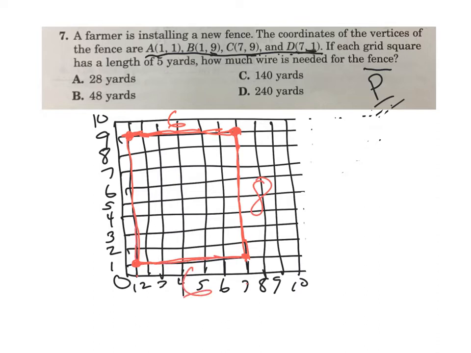And 1, 2, 3, 4, 5, 6, 7, 8. So 8 plus 6 plus 8 plus 6 is 28. But each one is worth 5, so I got to times that by 5. So 28 times 5 gives me 140 yards.